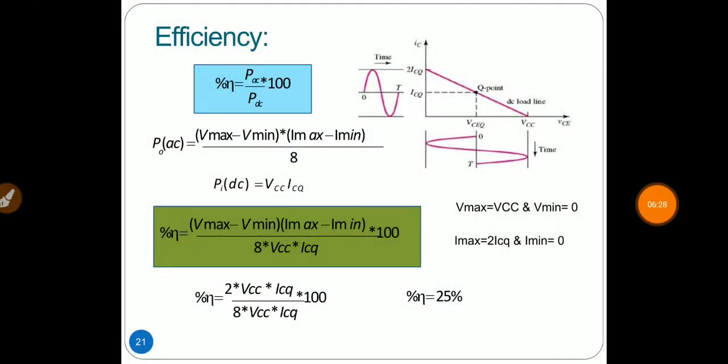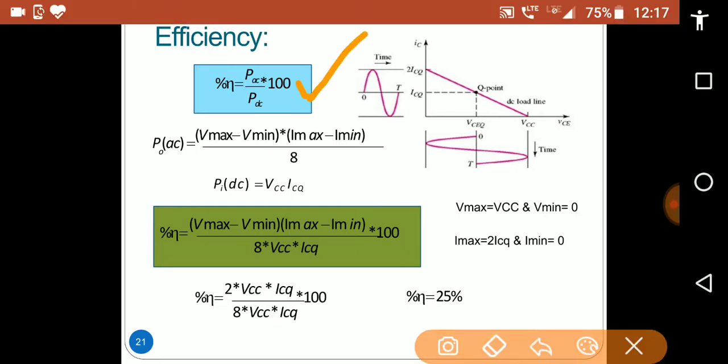We know the percentage efficiency equals output AC divided by input DC multiplied by 100. POAC we know is Vmax minus Vmin into Imax minus Imin by 8. Vmax equal to VCC and Vmin equal to 0. Similarly, Imax equal to 2ICQ and Imin equal to 0.